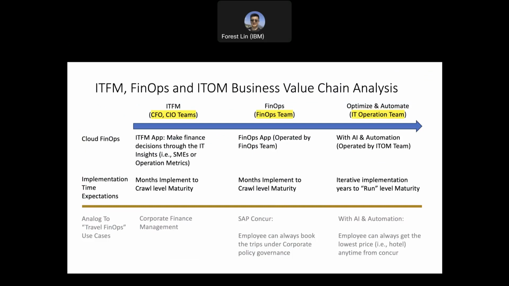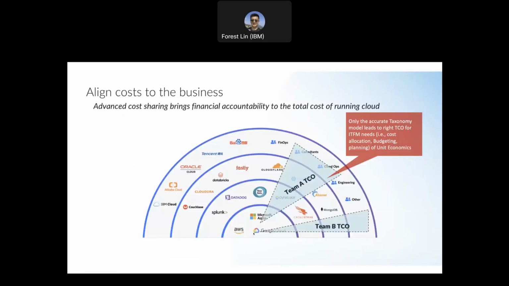The answer is no, because the price is not accurate. And for the same reason, for cloud FinOps, we expect the price for the total cost ownership of the unit economics should be accurate. And this, from my experience, makes a big difference when we review the vendors.